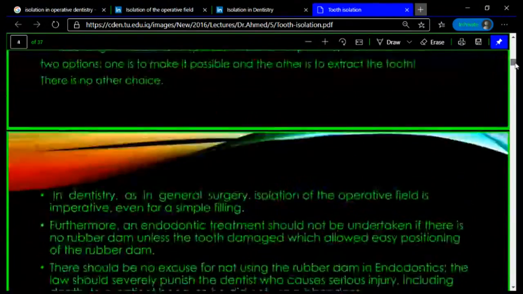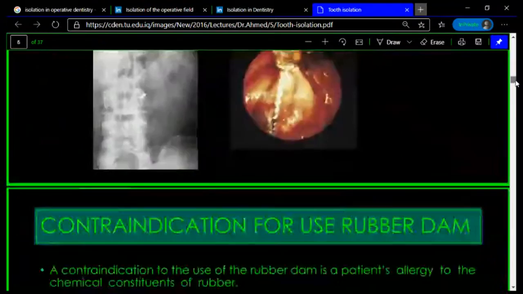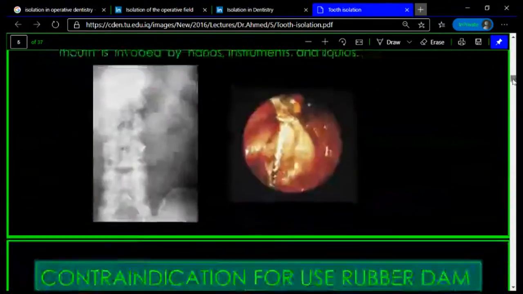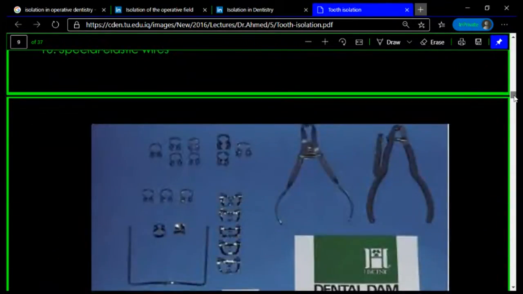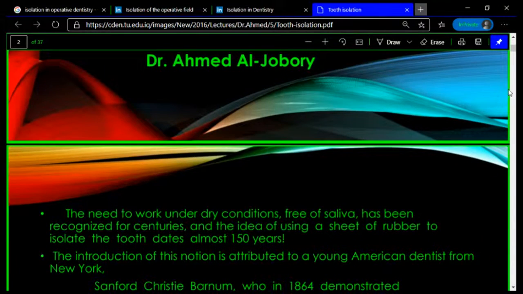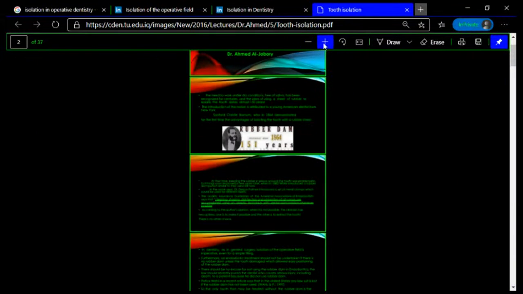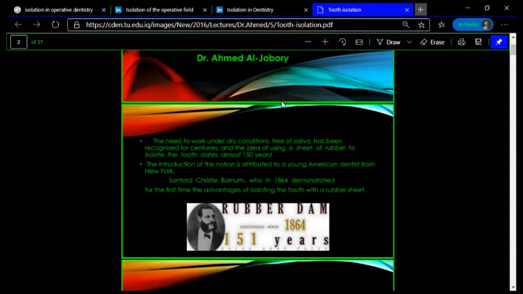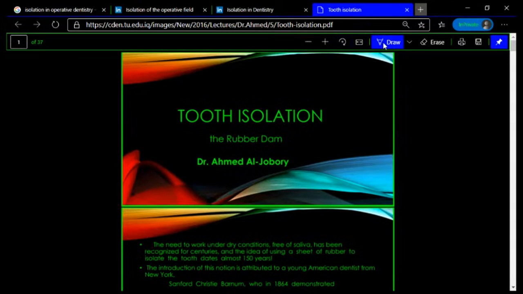This looks like a good paragraph or PowerPoint talking about isolation, or tooth isolation. This here is tooth isolation.